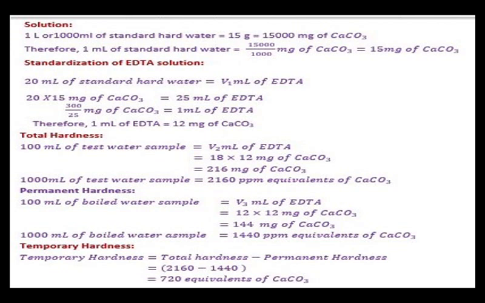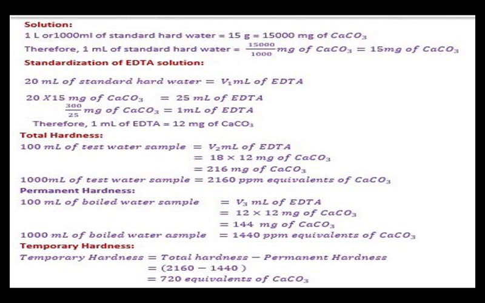Yes, we know that is 15 milligrams of calcium carbonate. So 20 into 15 milligrams of calcium carbonate is equal to 25 ml of EDTA. So 20 into 15, that is 300 by 25 milligrams of calcium carbonate, is equal to 1 ml of EDTA, because if you rearrange this expression, you will get for 1 ml of EDTA 300 by 25 milligrams of calcium carbonate. Therefore, 1 ml of EDTA is equal to 12 milligrams of calcium carbonate.